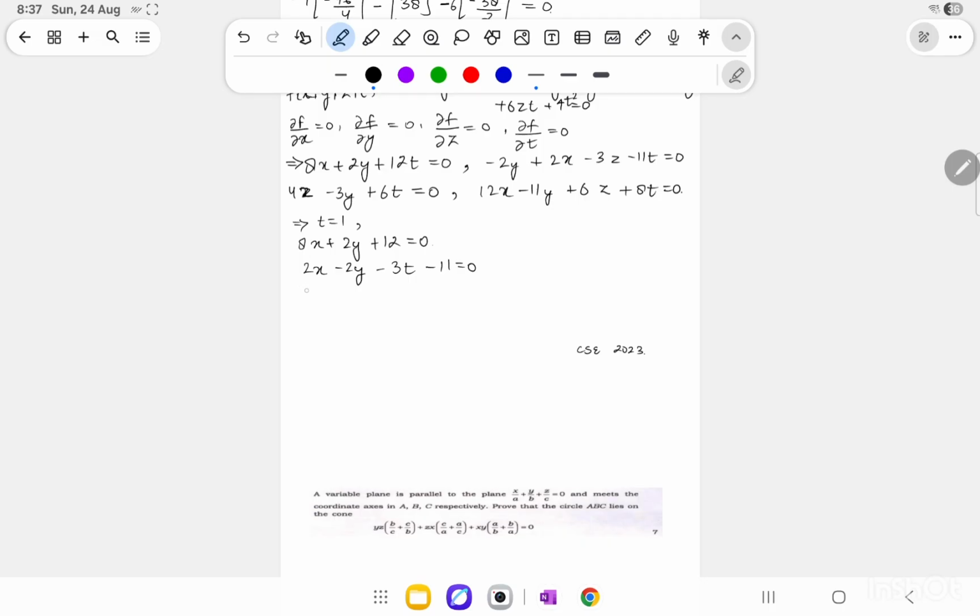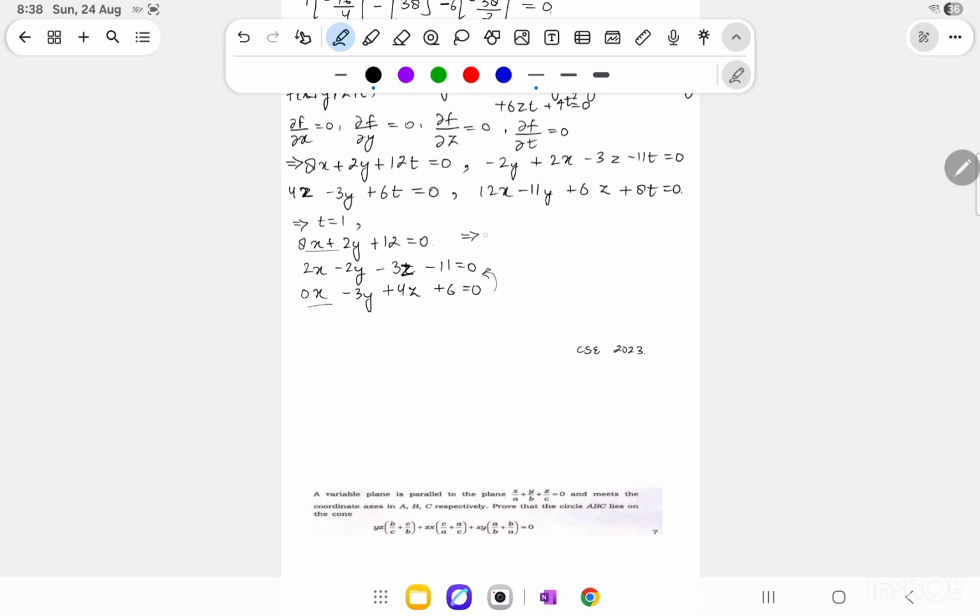And from the third one we'll get −3y + 4z + 6 = 0. So what we can do is calculate the value of y from here, then substitute it to get the other values.